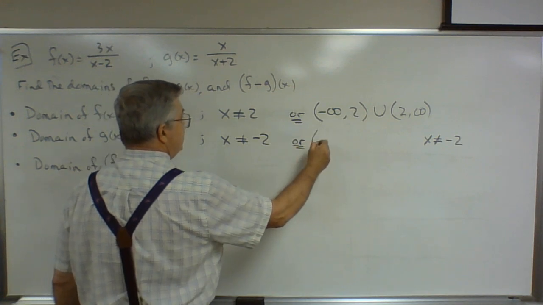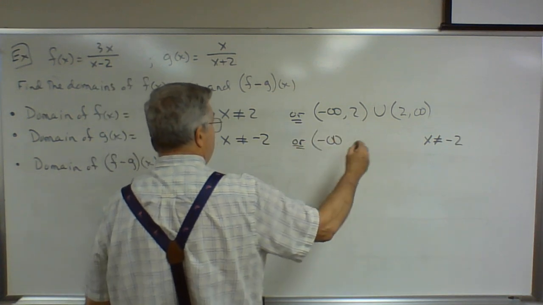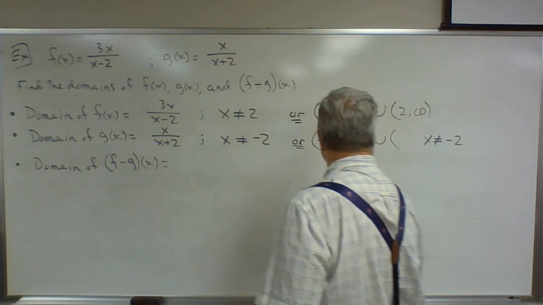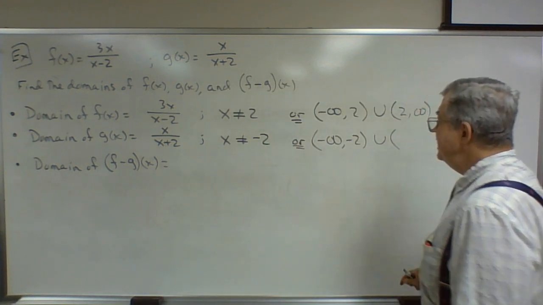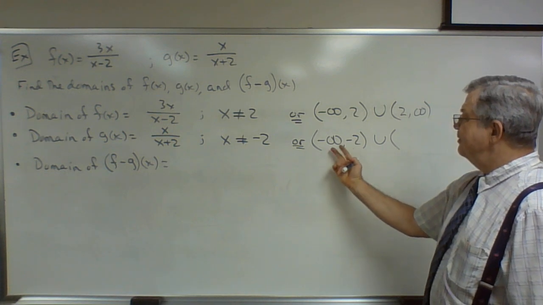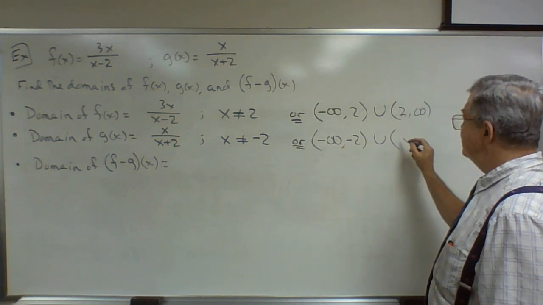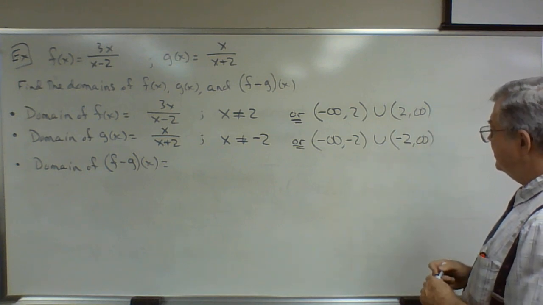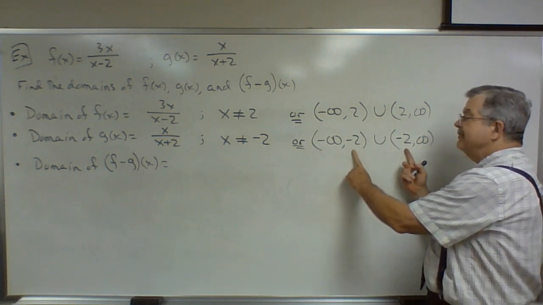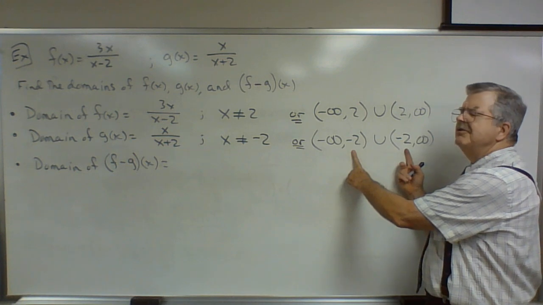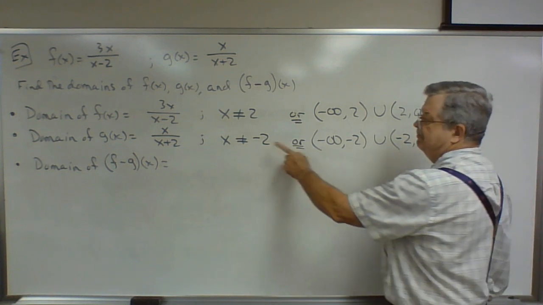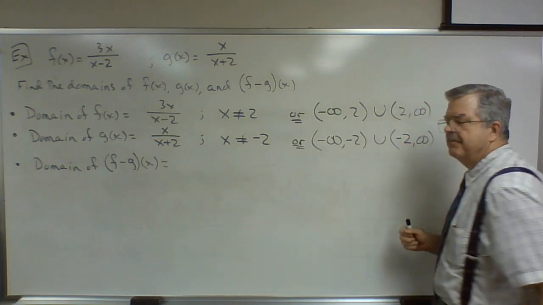Or we can write it in interval notation this way. The domain is the union of the interval from -infinity to -2 and -2 to +infinity. The union of these two intervals contains all real numbers except x equal -2.